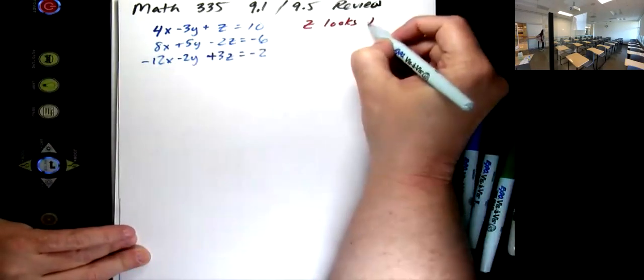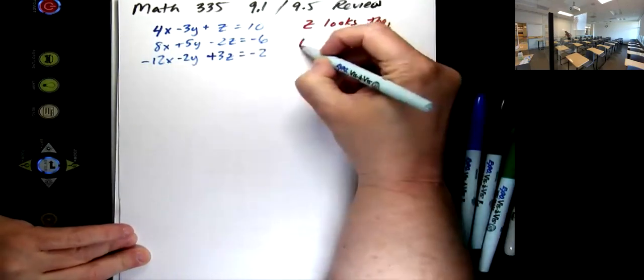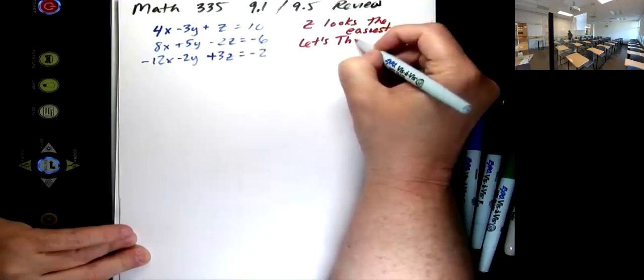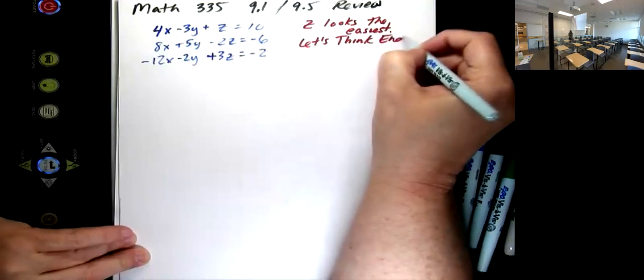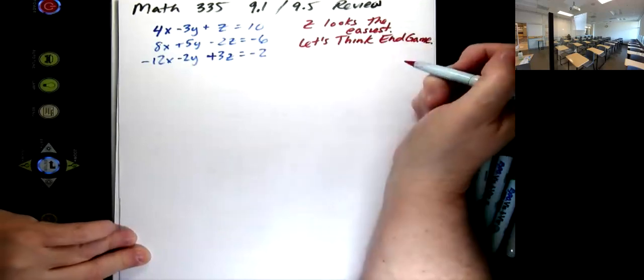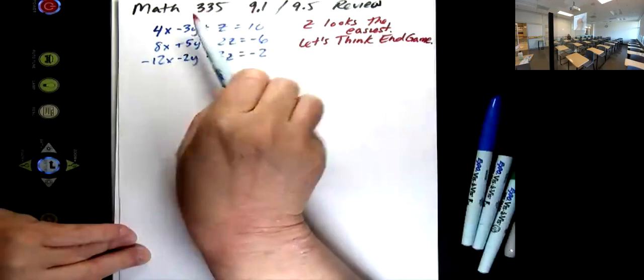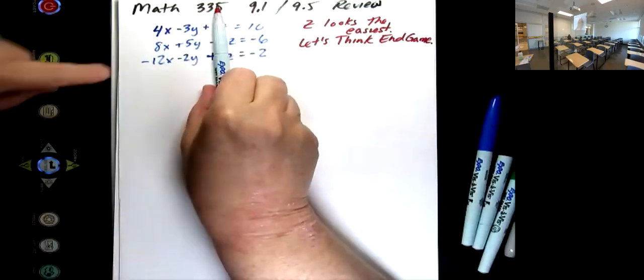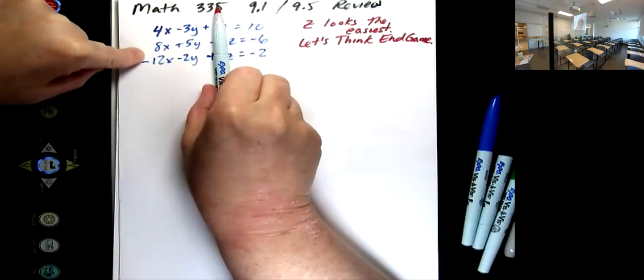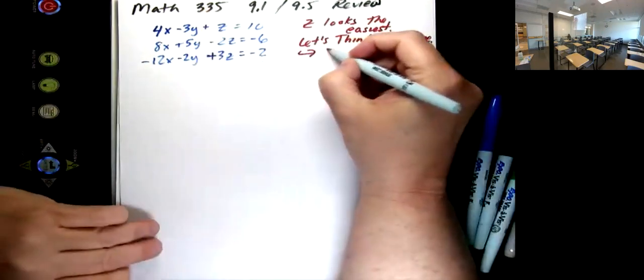And it would be the easiest, but let's think endgame. When I get down to a 2x2 matrix, if I get rid of z's, I'm going to be stuck with big coefficients.